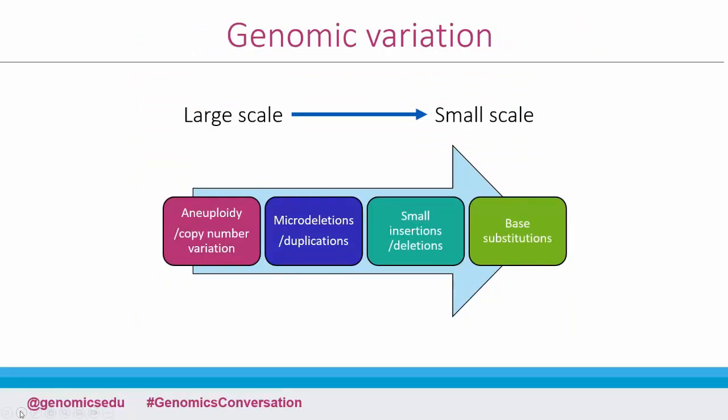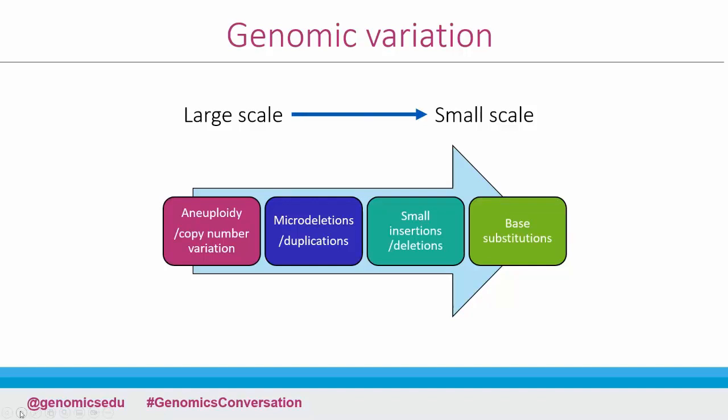And when we're talking about alterations of DNA, we think about large scale through to small scale alterations. So on the left here, the large scale alterations are those alterations that you might see when you look at the chromosomes down a microscope. So we're talking about aneuploidy, so abnormalities of chromosome copy number, or that's copy number variation, which moves into our microdeletions or microduplications.